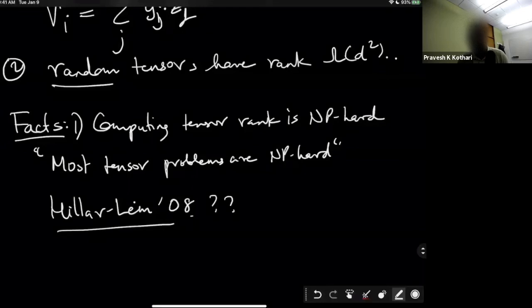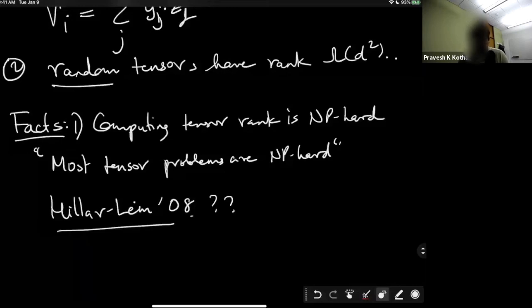By an explicit tensor I mean give me a tensor whose entries can be computed by a deterministic polynomial time algorithm that you described to me. Give me a polynomial time algorithm that outputs a tensor given the input dimension d, that has rank omega d squared. This is an open problem. We do not know how to construct an explicit tensor with large rank.